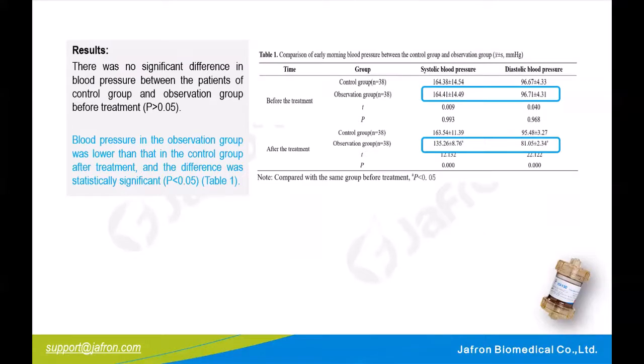After 12 weeks of therapy, we can obviously find that the blood pressure in the study group showed a huge reduction compared with baseline and also compared with the control group. And it was a significant difference.